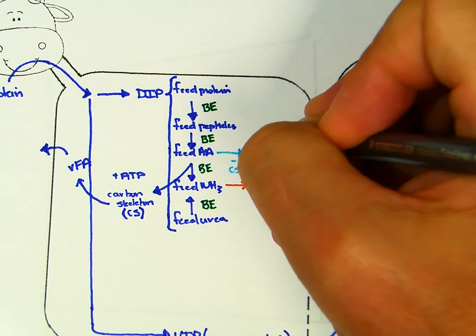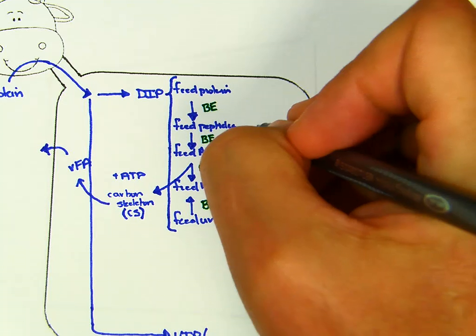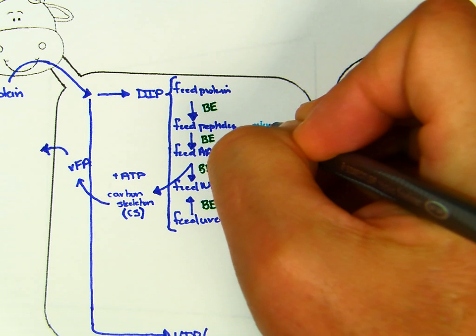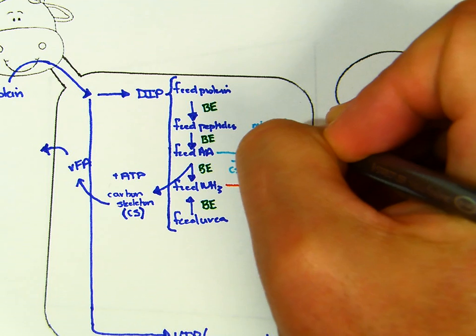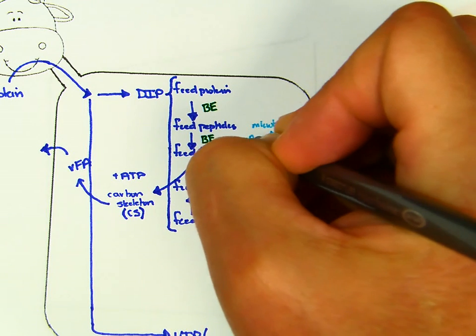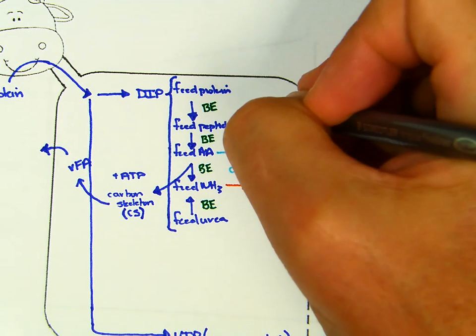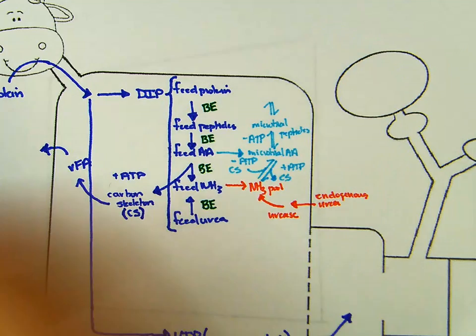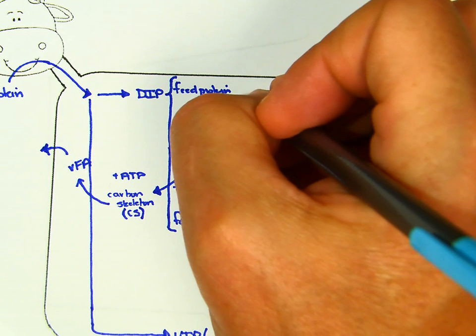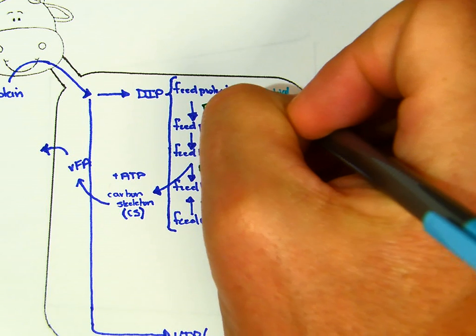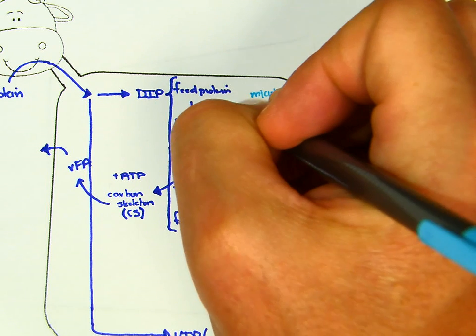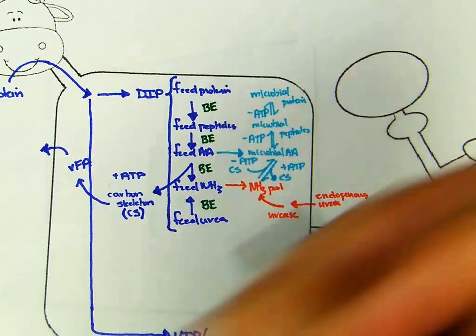And then the microbes will synthesize microbial peptides, and that's going to require energy. And then microbial peptides ultimately become microbial protein, again requiring energy.